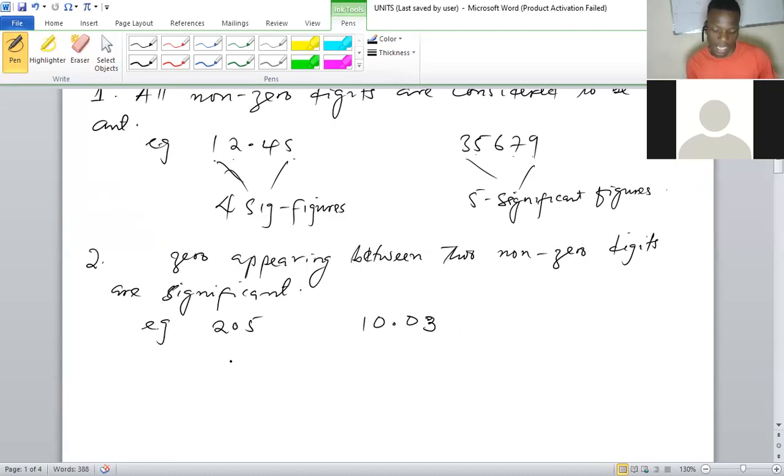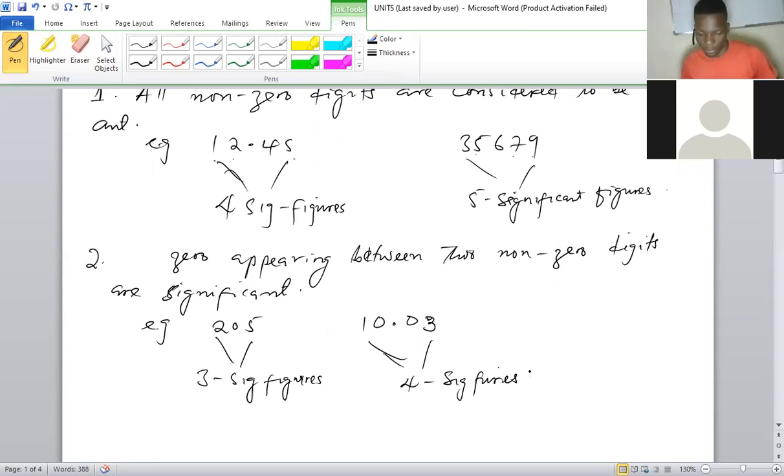So in the first number we have 3 significant figures, and here we have 4 significant figures. So that is our rule number 2.